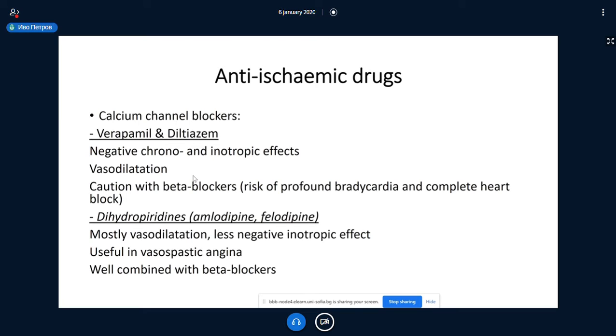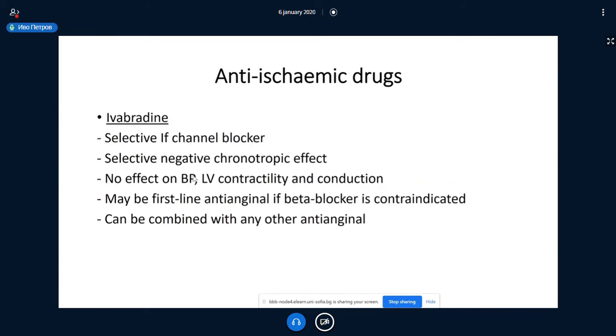So they are also improving the oxygen supply and have an anti-ischemic mechanism of action. The dihydropyridines, like felodipine and amlodipine, have only a vasodilation mechanism and not prolongation.